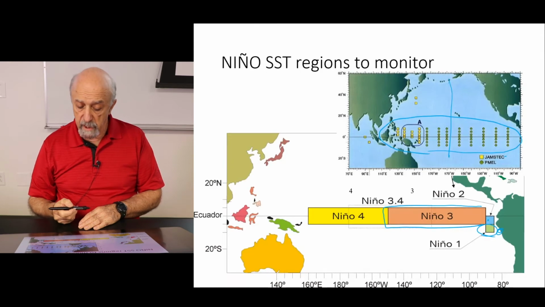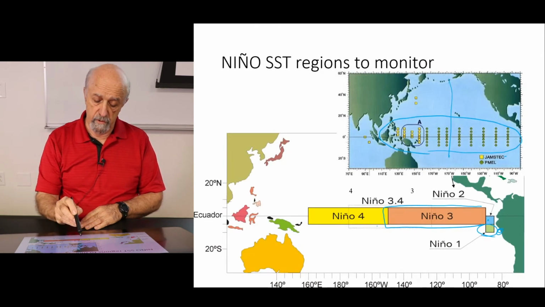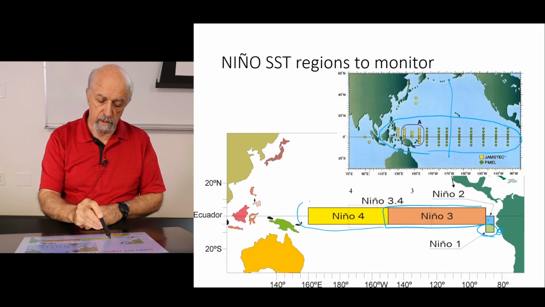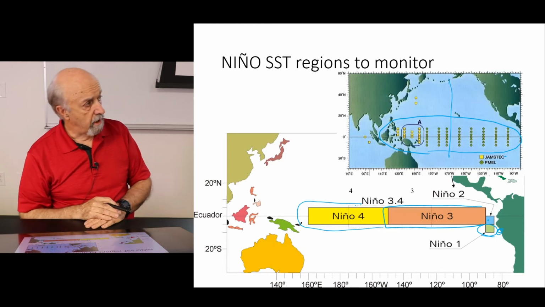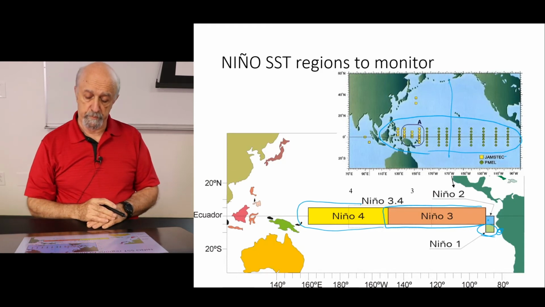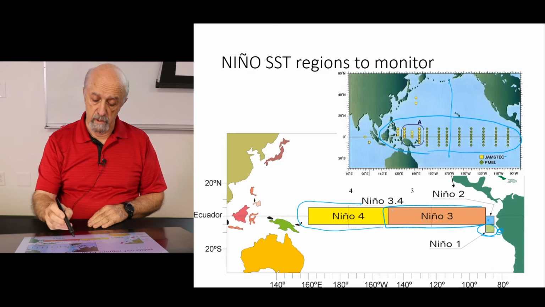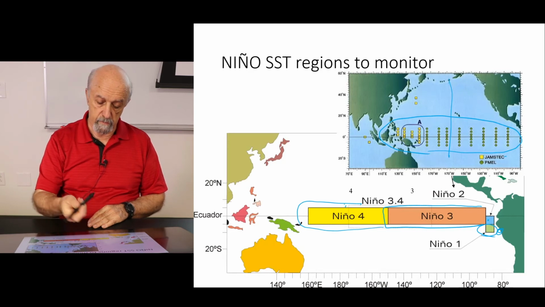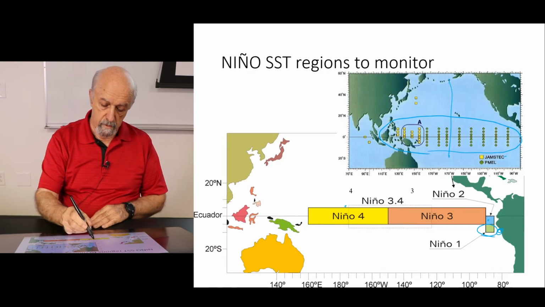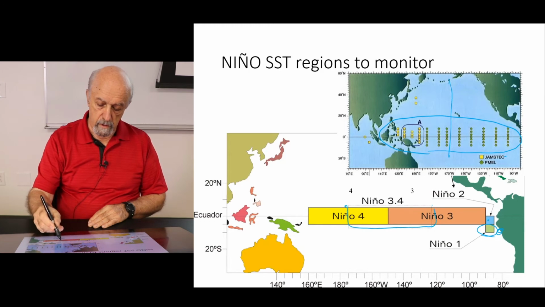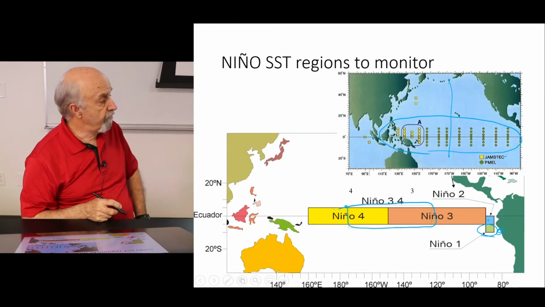And then, not really happy with that, we go all the way to the Australian coastal area with Niño 4. Well, we found that the best thing to do to monitor the Niño effect is this here, what is now called Niño 3.4.